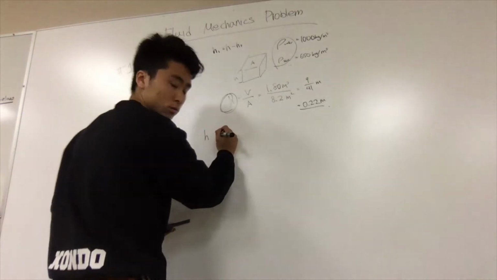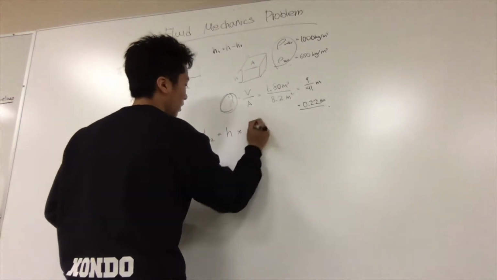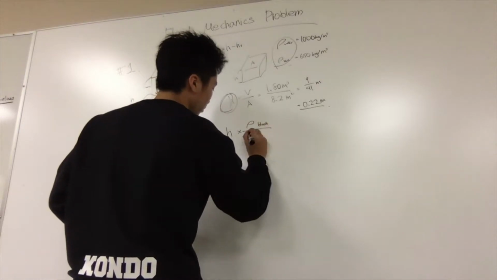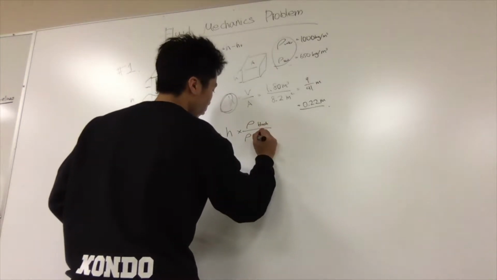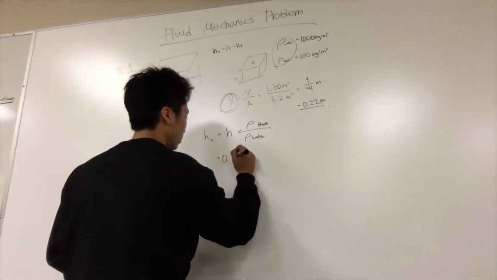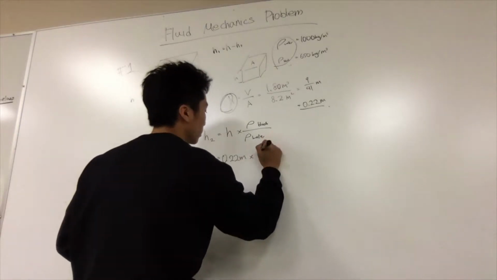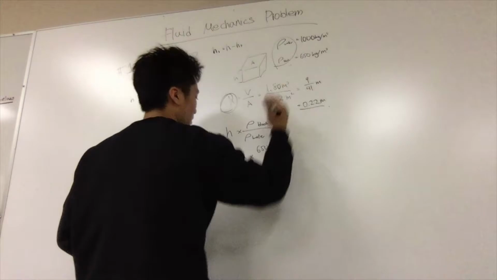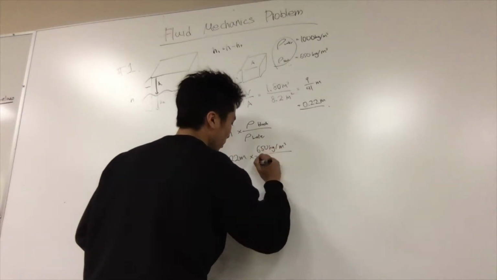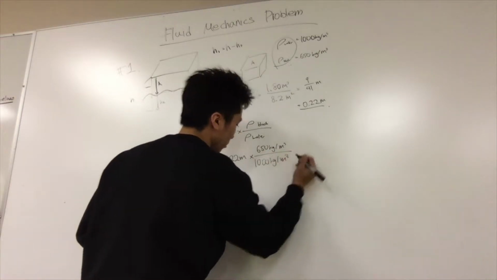H2 equals height times density of block divided by the density of water, which would be 0.22 meters times 650 kilograms over meters cubed over 1,000 kilograms over meters cubed.